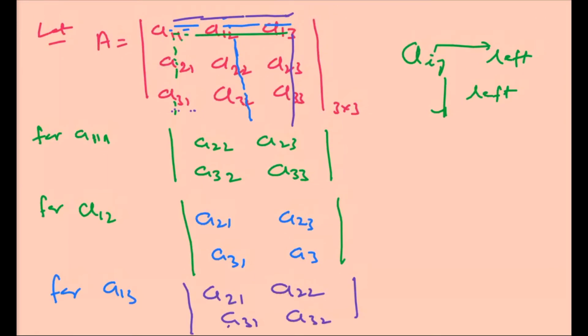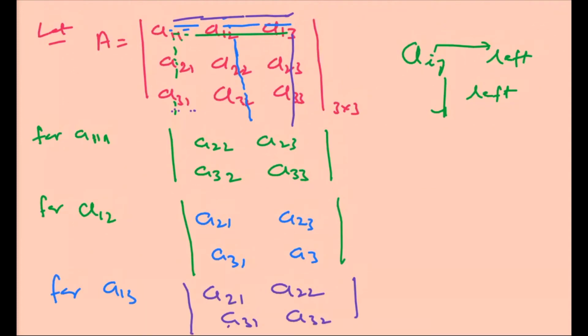Now students, these are all known as minors of the determinant. So how many minors can we find?